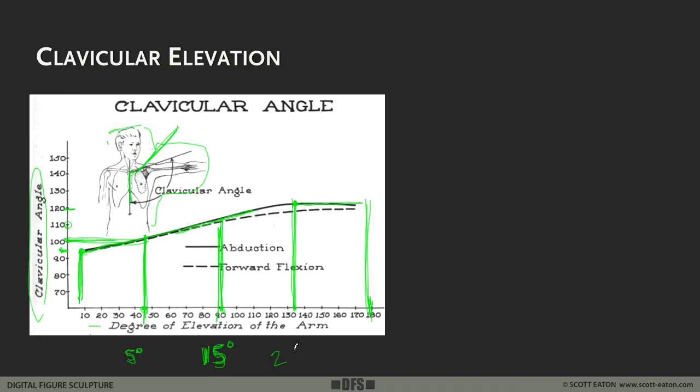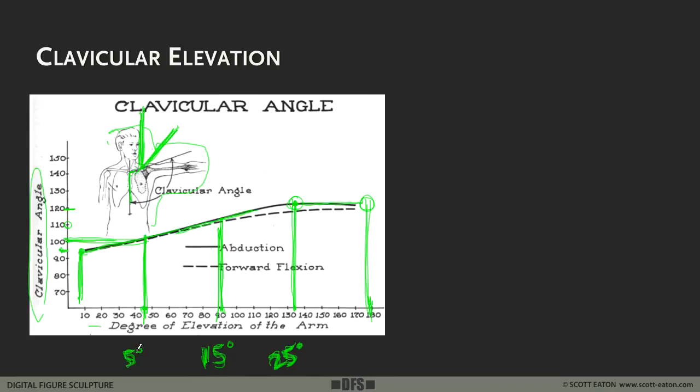So 25 degrees would be the maximum elevation above horizontal that you would get. And any further elevation in the arm is not doing anything to the elevation of the clavicle, right? So from 135 degrees to arm directly overhead, the clavicle's not getting any higher than 25 degrees. Okay, that is good to know.